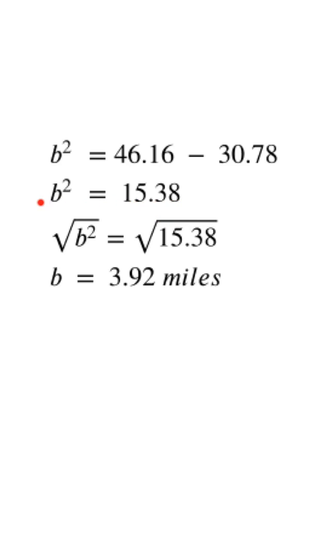And that's equal to b squared, but we just want b. So how do we undo a squared? Well, we have to take the square root. So we have to take the square root of both b squared and 15.38, which is what I do down here. And when we do that, we get that b, the distance between Marvin's house and Jose's house, is going to be roughly 3.92 miles.